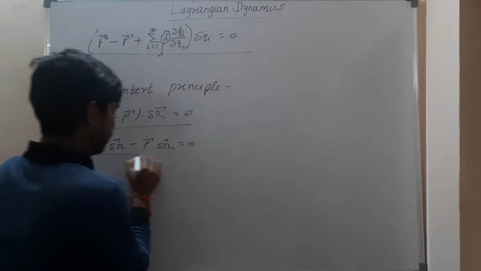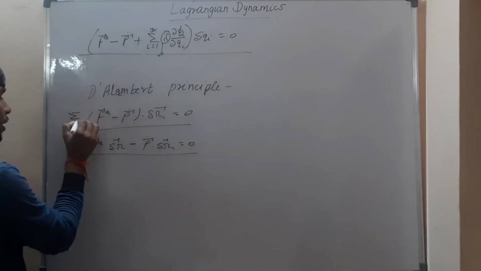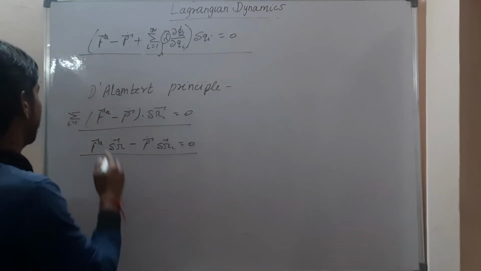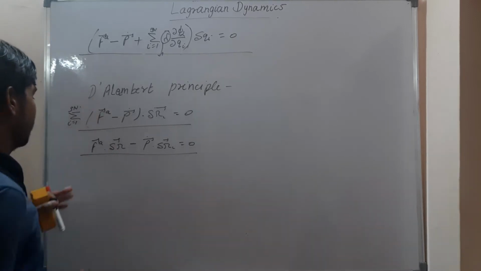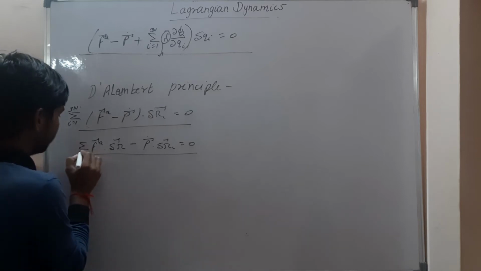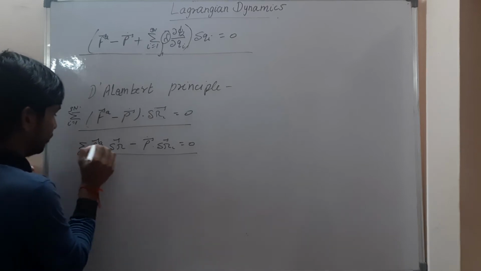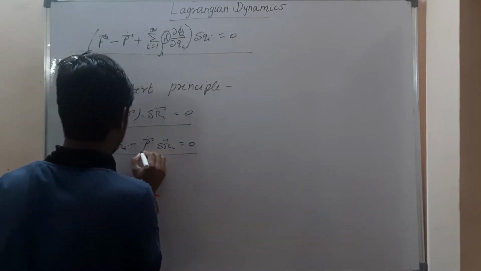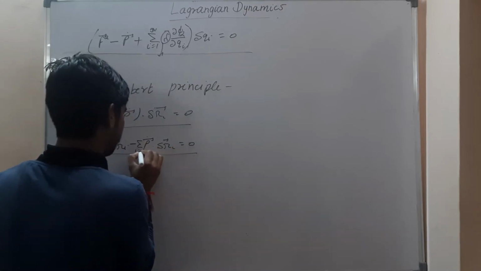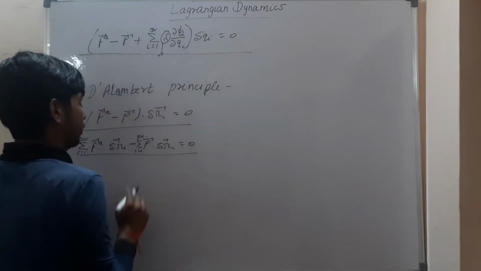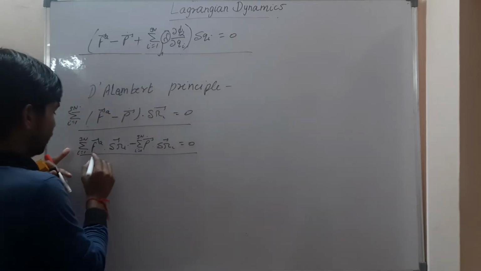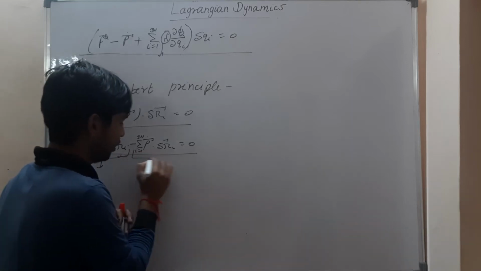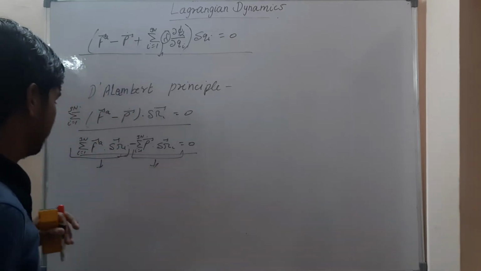If there are n particles, the sum runs from 1 to 3n. They solved this part of the equation separately, and that part of the equation separately.